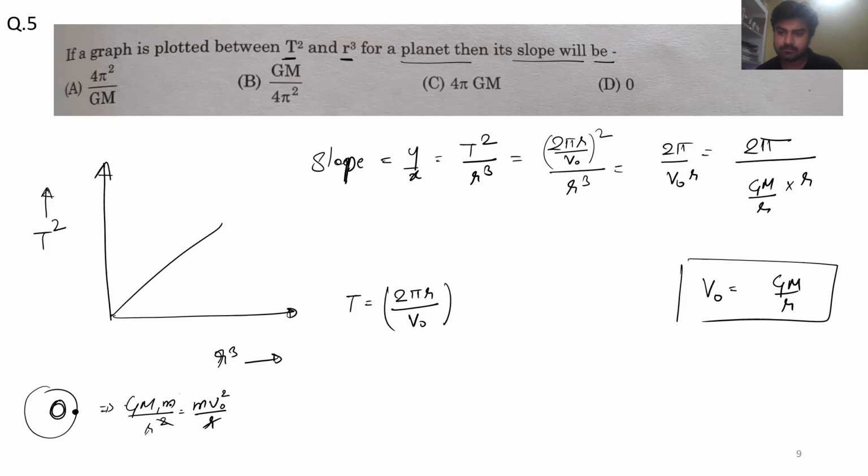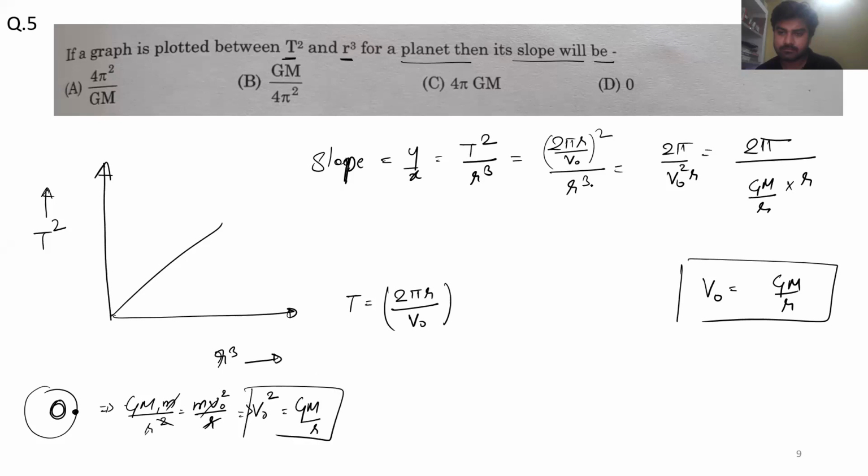R gets cancelled out. Yeah, I missed something here. So from here you got v naught square is equal to gm by r, right?